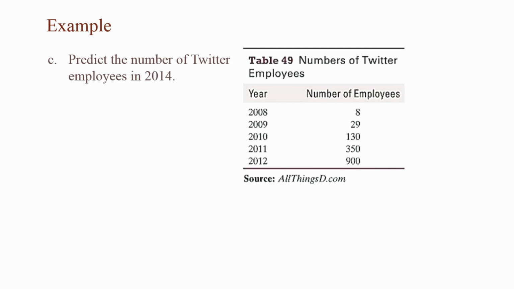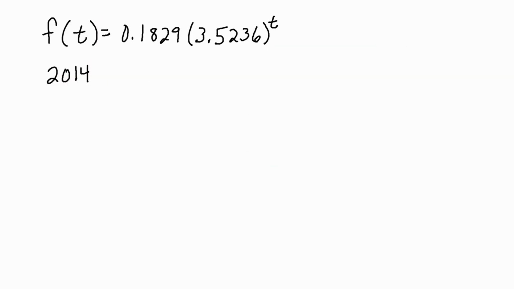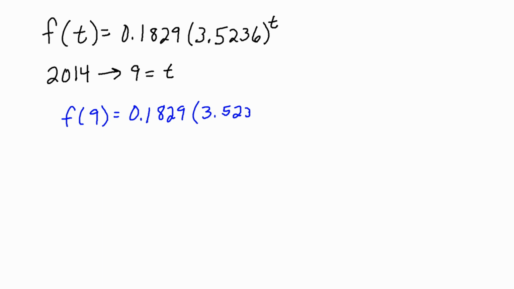In part C of this example, we want to predict the number of Twitter employees in 2014. So first we need to figure out what 2014 is. Well, we started with the year 2005, so 2014 is 9 years since 2005, and that's our value for t. Substituting in for t, so I have f of 9 equals 0.1829 times 3.5236 to the 9 power.